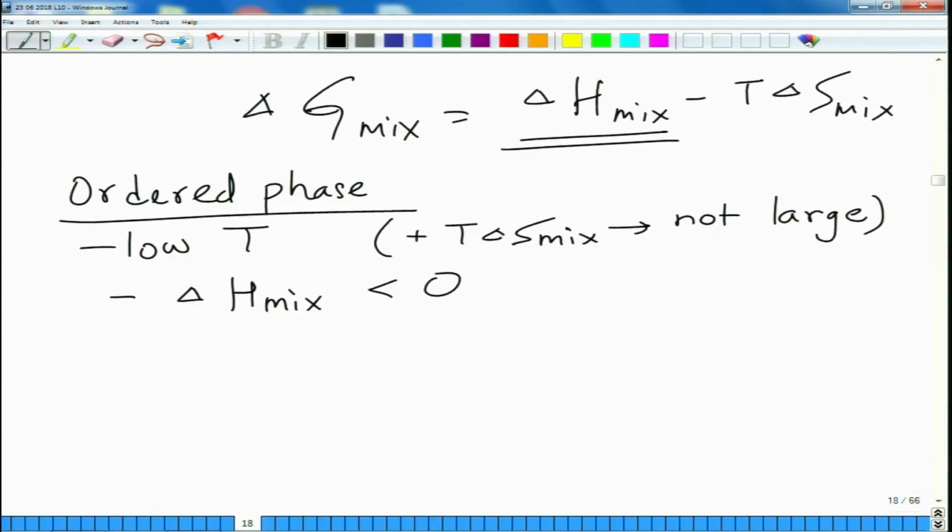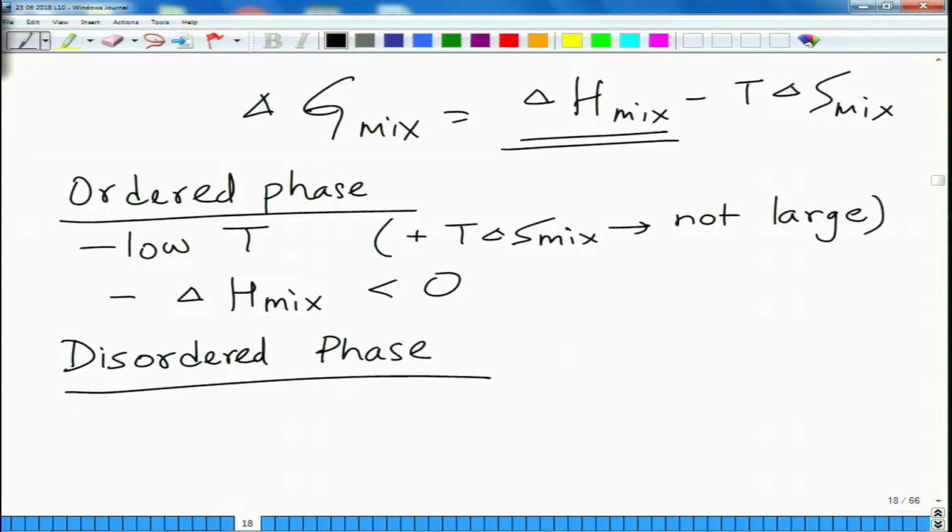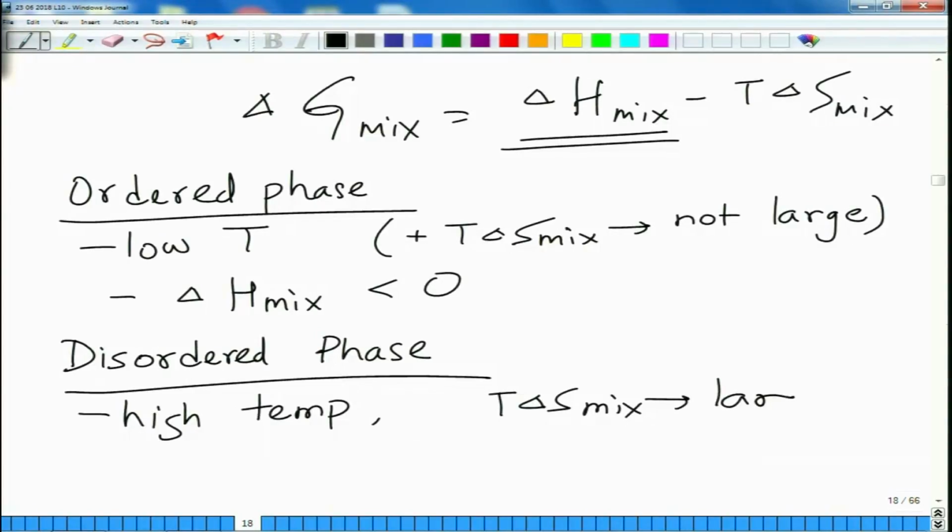As a result, they are more stable, whereas the disordered phase is stable at high temperature, where T delta S mix is larger, as a result the entropy term is bigger, but delta H mix is relatively higher than delta H mix of the ordered phase.